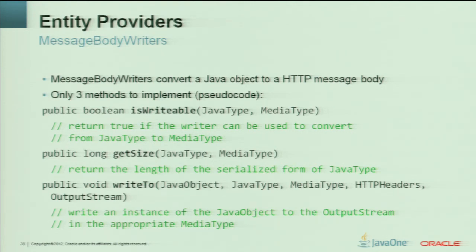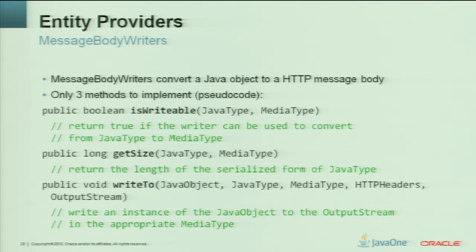There's also a new method which is called getSize to find out what the length of the serialized form of the Java type would be. This is important if you want to segment things or if you want to ensure that things fit into a certain payload size, potentially due to snipping a message into different segments. And then we have the write to, which takes an instance of the Java object and writes it to the output stream in the appropriate media type.